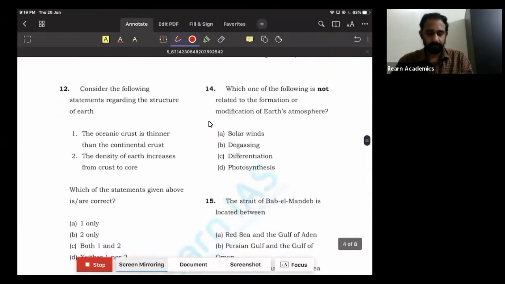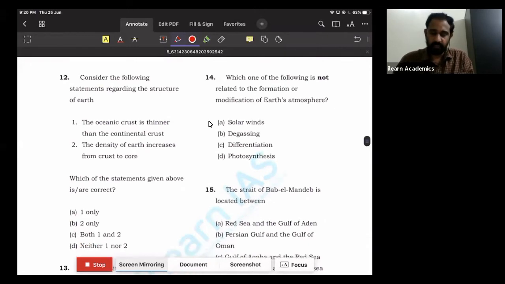Next question. Consider the following statements regarding the structure of Earth. The oceanic crust is thinner than the continental crust. Is it correct? Yes, the oceanic crust is much denser, so obviously it is thinner than the continental crust. In NCERT, somewhere the density of the ocean crust is wrongly given in that particular chapter.